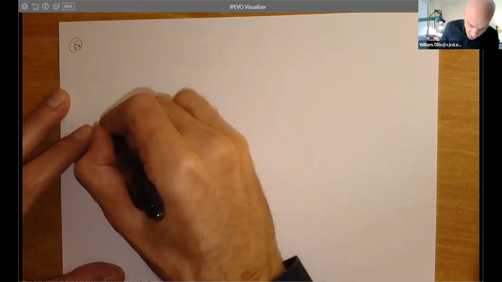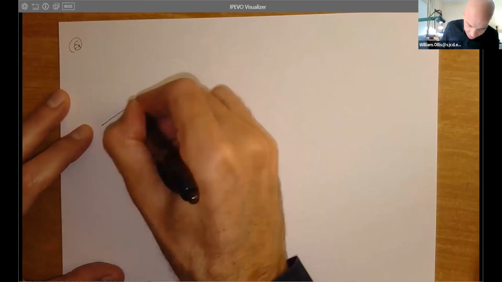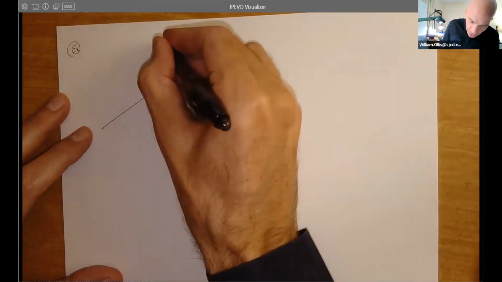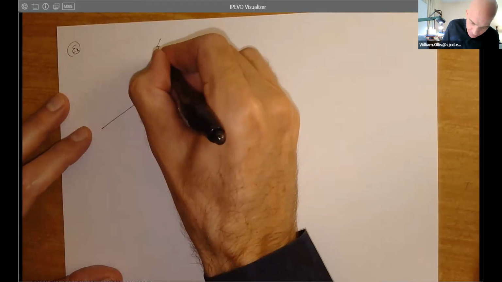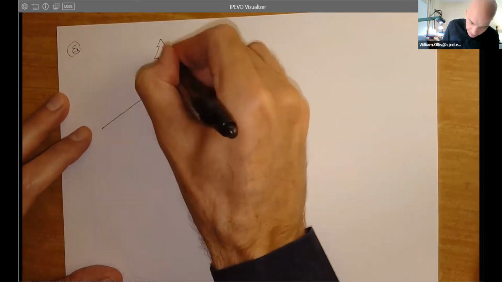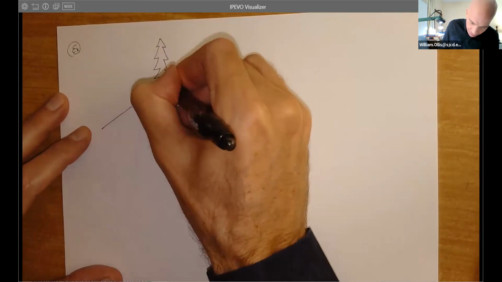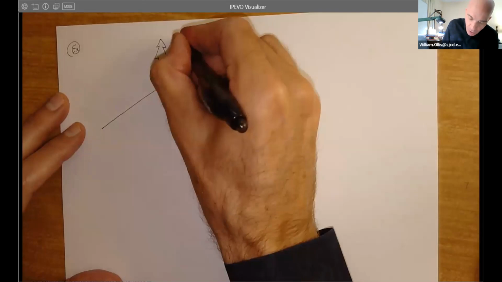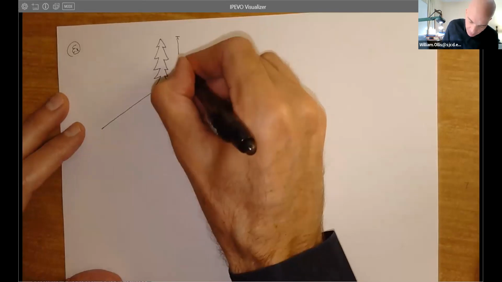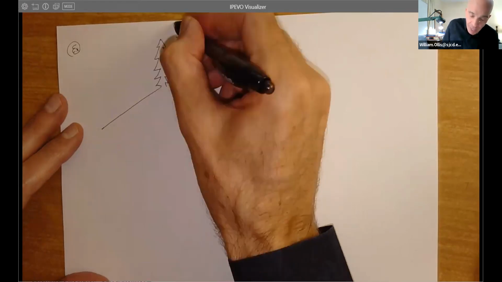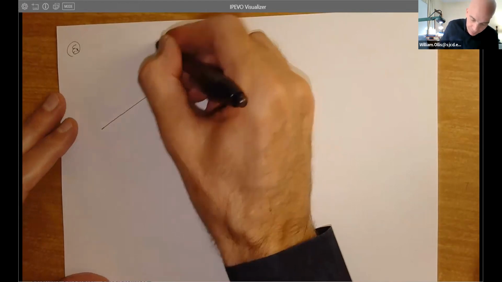So you've got this slope, and you've got a tree right here. You've got this tree, and it has a given height. We're going to call it H. And you've got the sun shining right up here, and it creates a shadow.